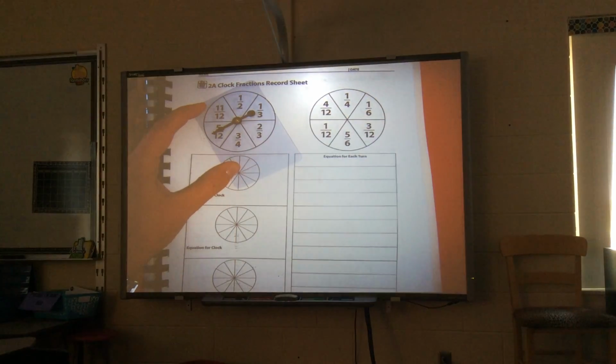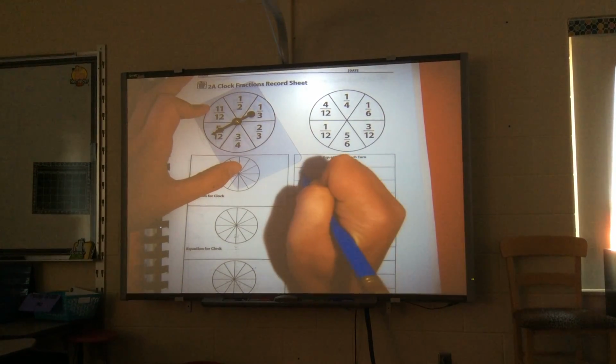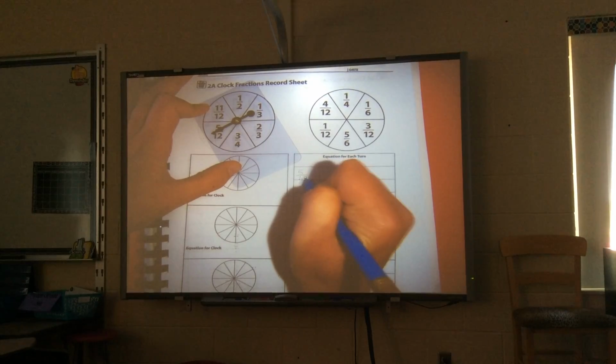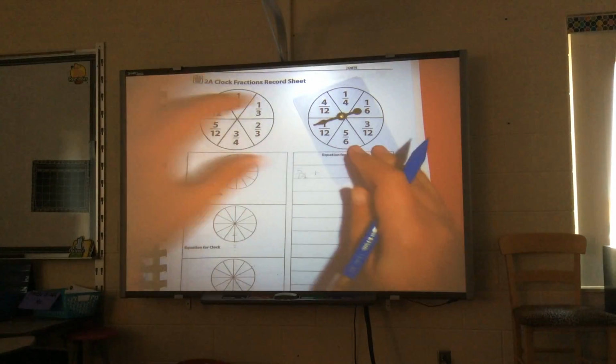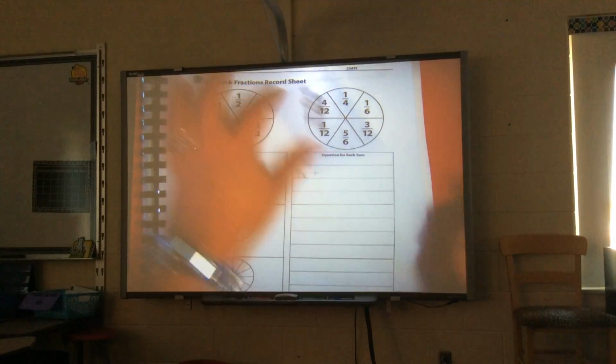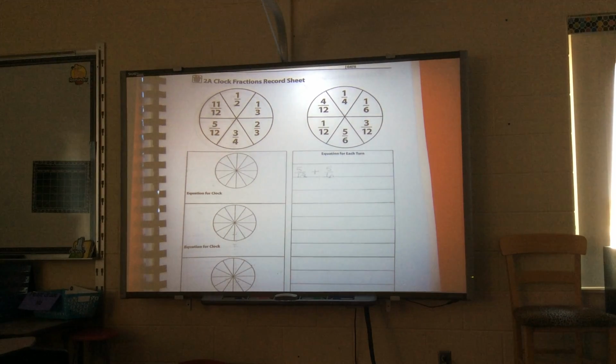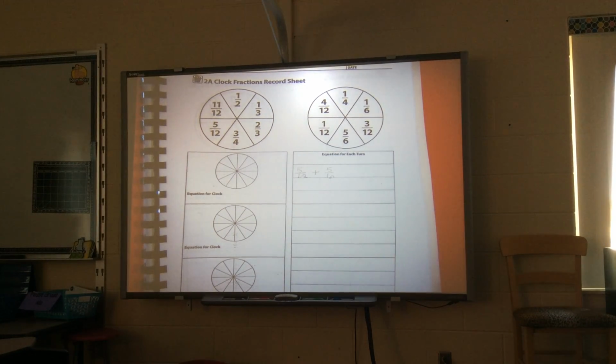I got 5/12. So I'm going to write 5/12 plus 5/6. And there is my addition expression.